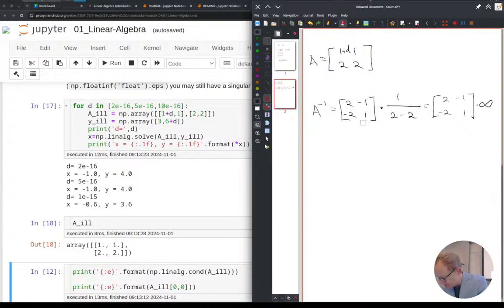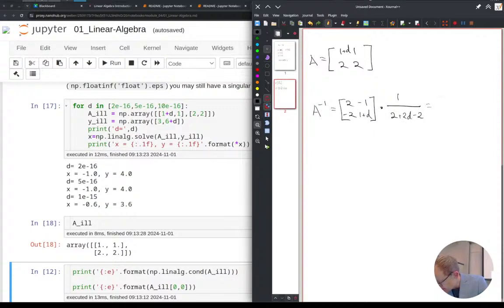So now this one's going to be 1 plus d, and then it'll be 2 plus 2d minus 2.